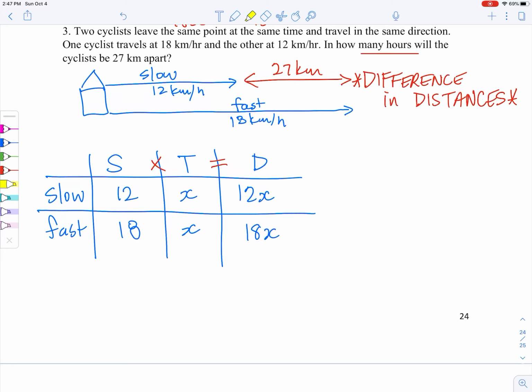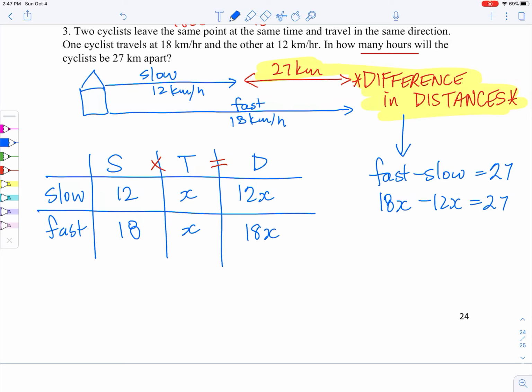And then going back to what we said, the difference in the distances is going to be 27. That means when I subtract the two of them, I'm going to get 27. So that means that fast distance minus slow equals 27. So 18x minus 12x equals 27.